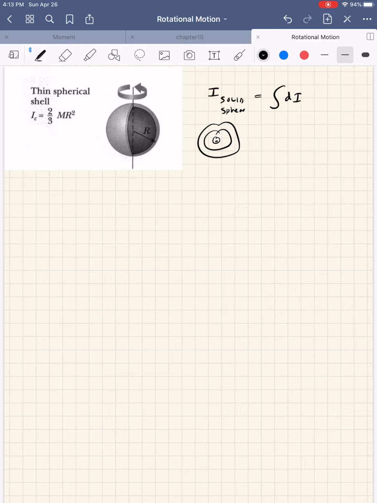So if I integrate over the moment of inertia of a bunch of hollow shells. Here's the axis of rotation through the center. So let's say here's the similar axis of rotation, but instead of this being hollow, I'm going to fill it up with a bunch of concentric shells to make a solid sphere.